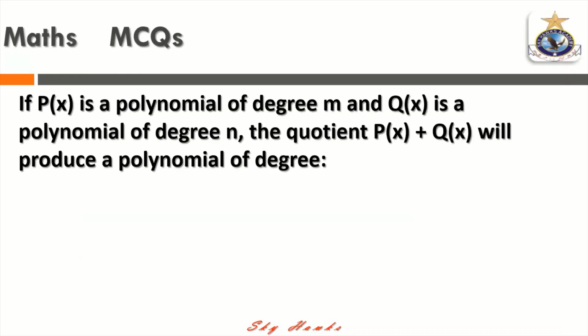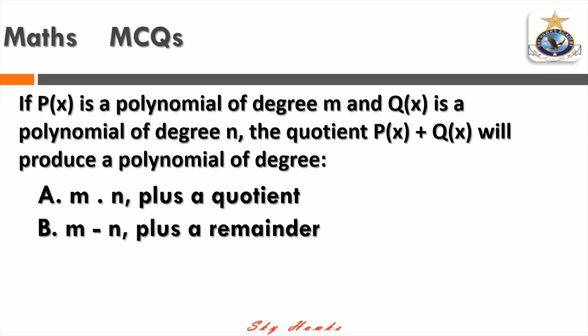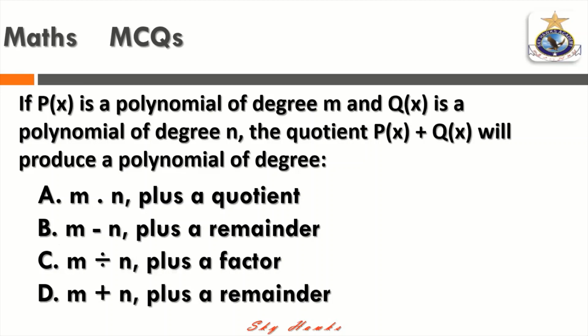So, the next question is, please read this one. If P of x is a polynomial of degree m and Q of x is a polynomial of degree n, the quotient P of x plus Q of x will produce a polynomial of degree? Okay. So the choices are: mn plus a quotient, m minus n plus a remainder, m divided by n plus a factor, and m plus n plus a remainder.